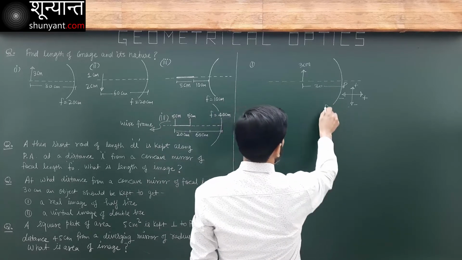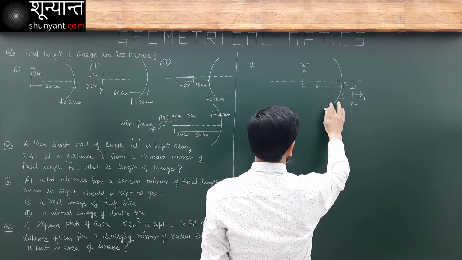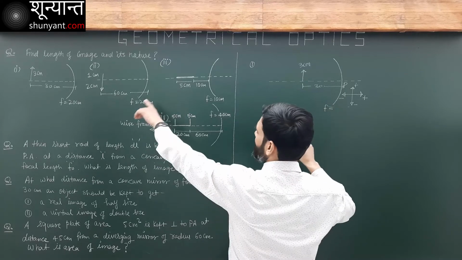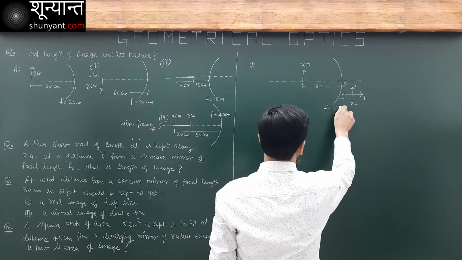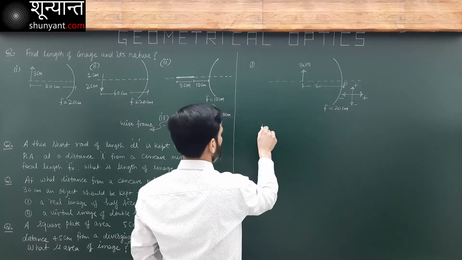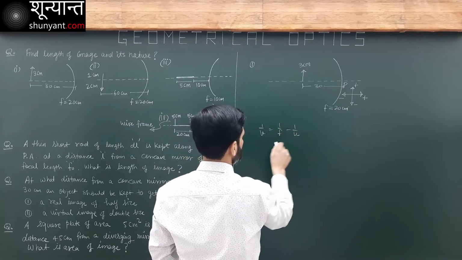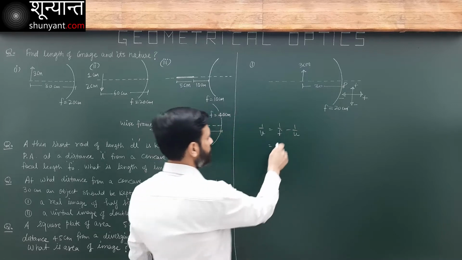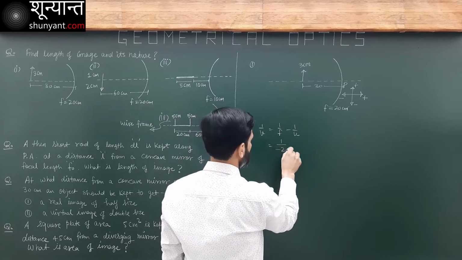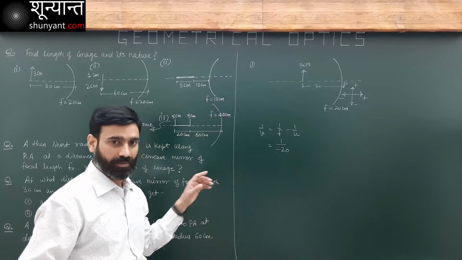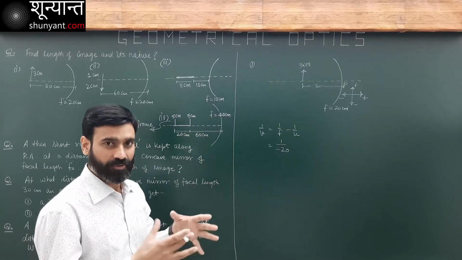Now, focal length, the magnitude. When it says focal length, it means the magnitude, which is 20 centimeter. What will be 1 over V? It is 1 over F minus 1 over U. It is going to be 1 over minus 20. In the last lecture we discussed how it is going to be minus.